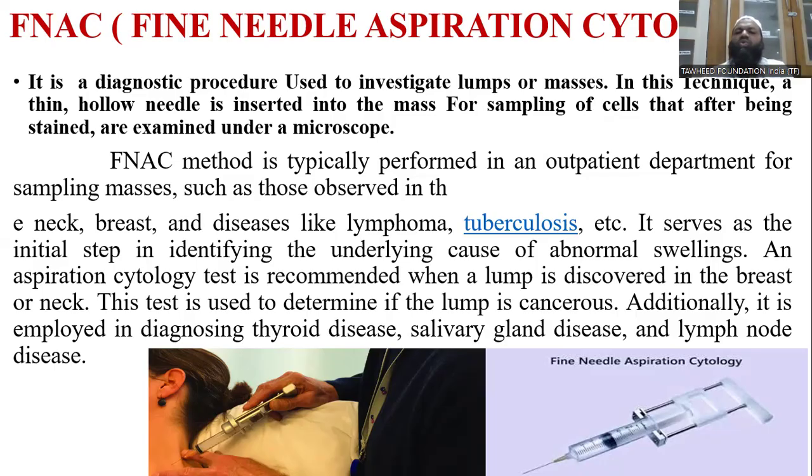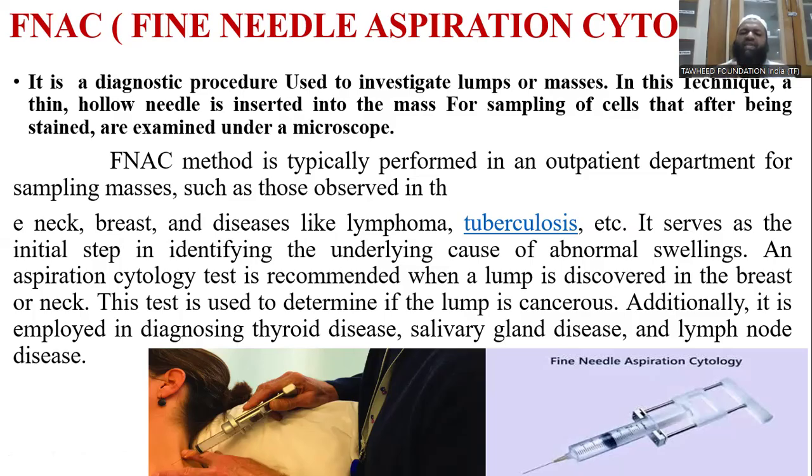Okay. So the FNAC method is typically performed in an outpatient department for sampling masses, not only outpatient, for inpatients also, we do this test. So masses such as those observed in the neck, breast, and diseases like lymphoma, tuberculosis infection, etc. It serves as the initial step in identifying the underlying cause of abnormal swellings.